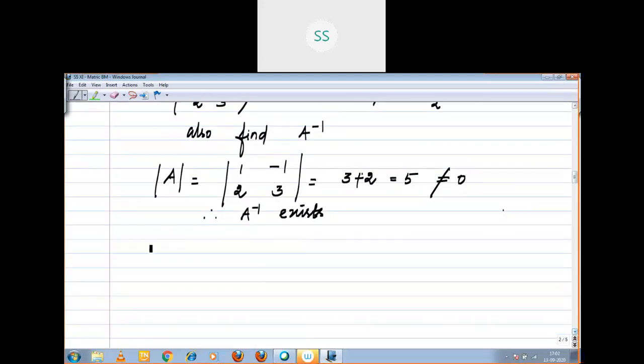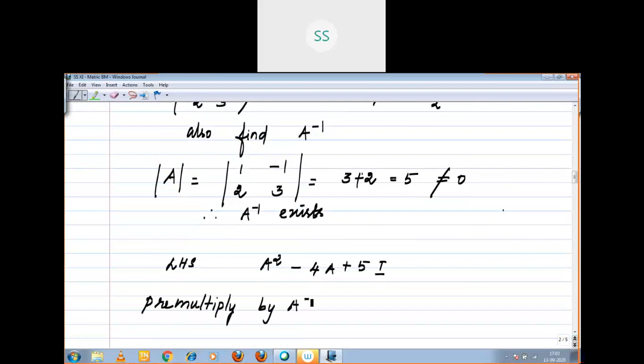See here LHS: A square minus 4A plus 5I. I am going to pre-multiply by, pre-multiply means before, pre-multiply by A inverse.